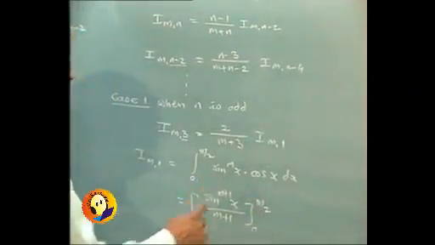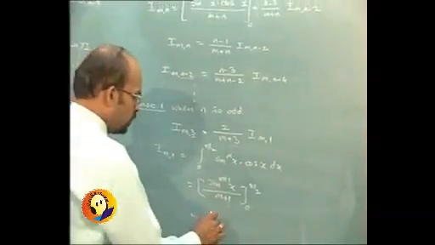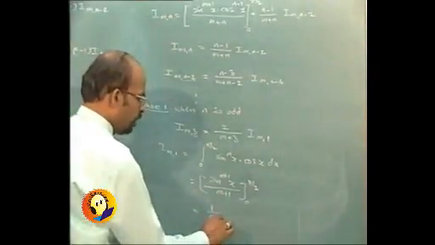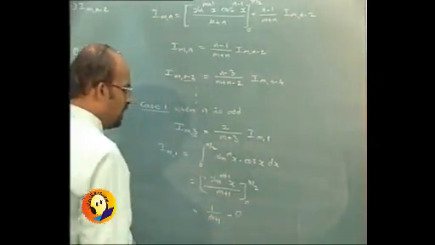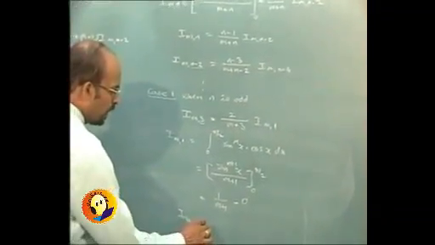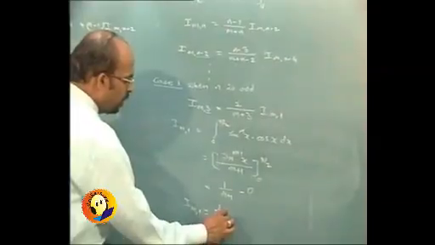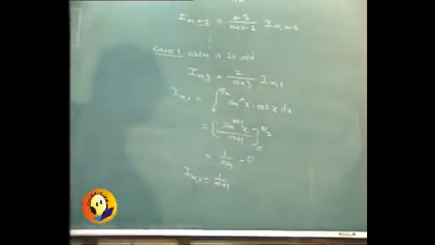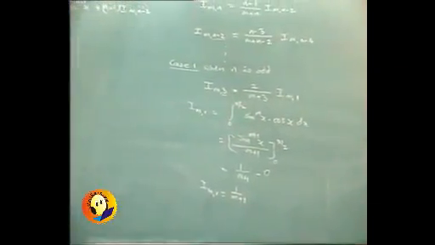At upper limit sin pi by 2 is 1, so this will be 1 upon m plus 1, and at lower limit it is 0. So ultimately I m comma 1 comes out to be 1 upon m plus 1. And so we can back substitute it and find out Im3.